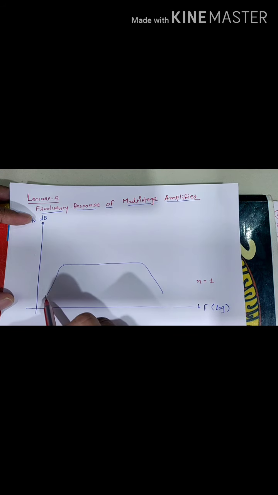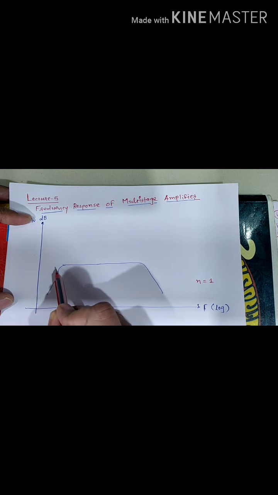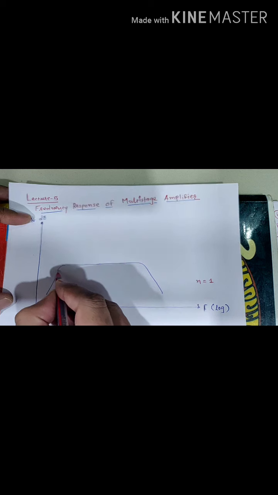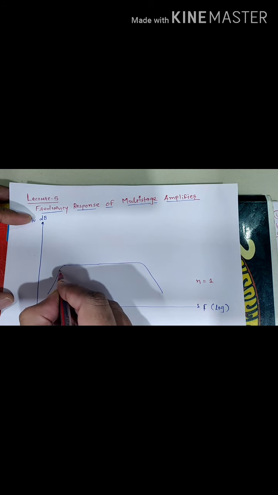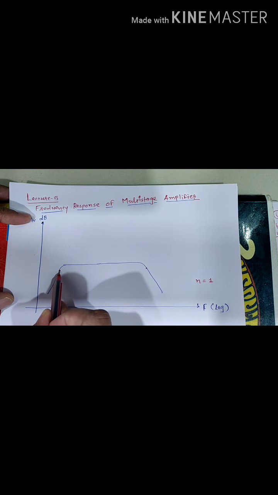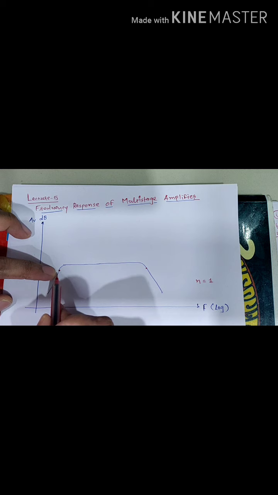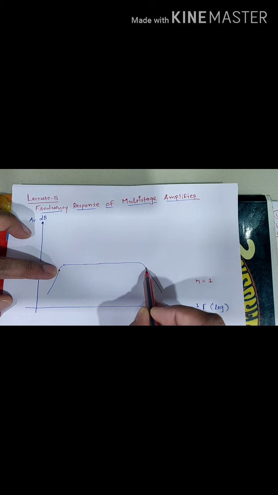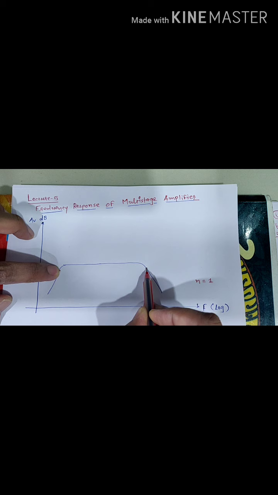When we start increasing the input frequency, up to this point the gain is not constant, it is rising. From this point to this point, almost the gain is constant. This portion of the frequency response is called the mid-band gain.